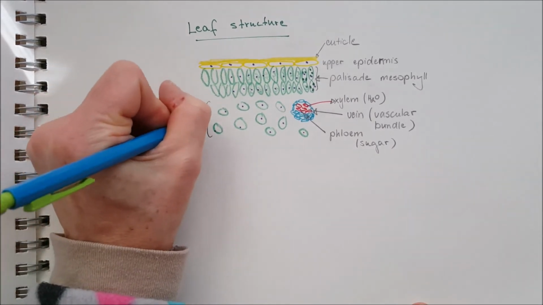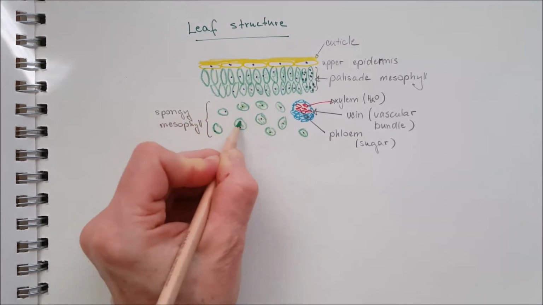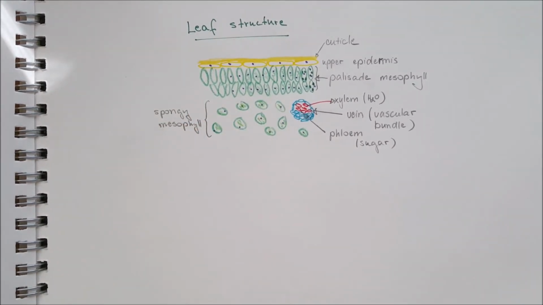This is the layer where the vascular bundle is located, the spongy mesophyll.